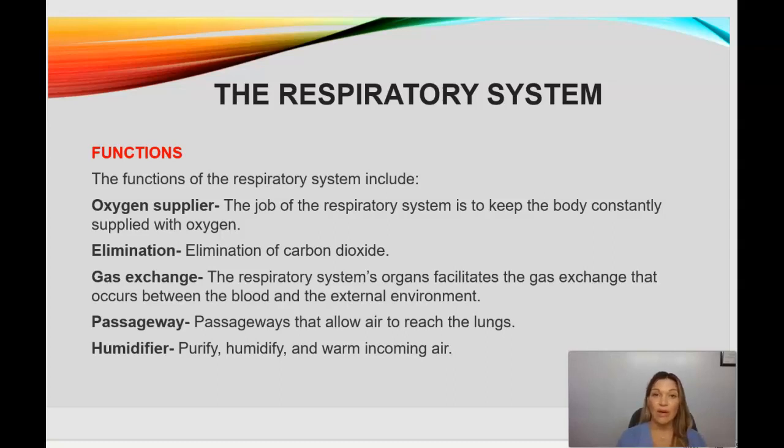It also helps with elimination, specifically of carbon dioxide. And the respiratory system functions with the help of gas exchange, and the respiratory system's organs facilitate that gas exchange that occurs between the blood and the external environment.